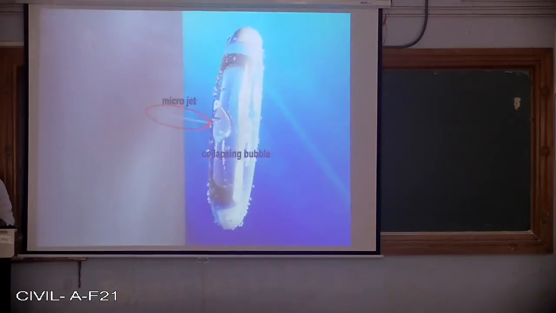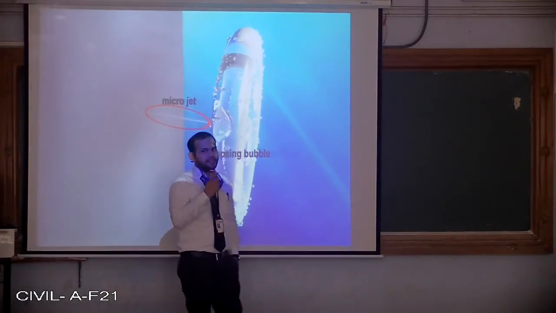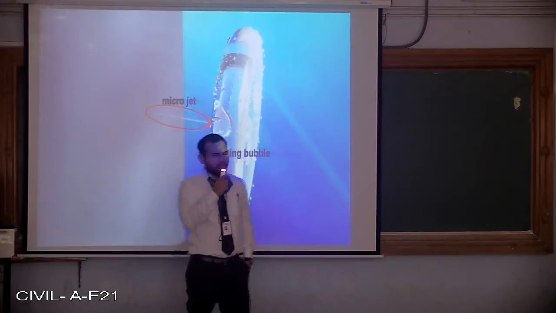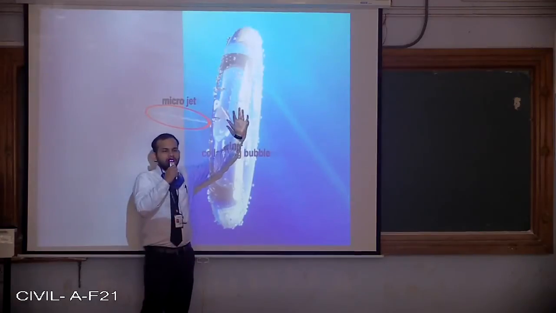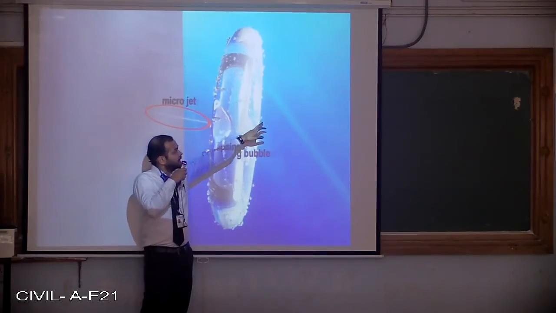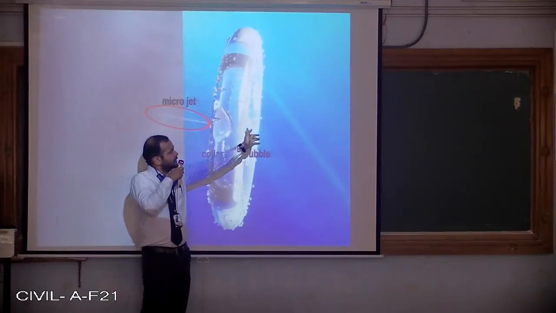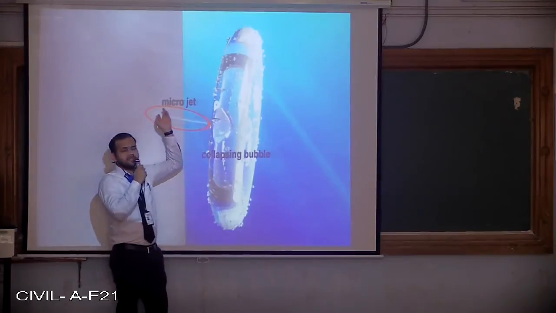The implosion releases energy in a very short time, concentrated. So here the bursting of the bubbles is not as safe as it looks. When there was a bubble, and once the pressure starts increasing above the vapor pressure, this bubble will burst, and you can see on this side it will diverge inside, and there is a small liquid jet which is coming out.